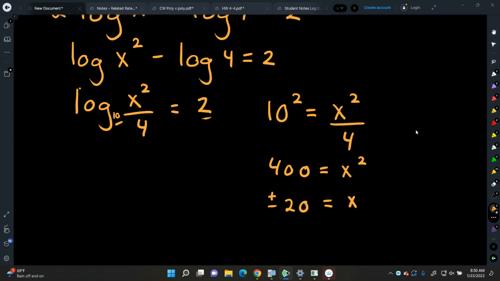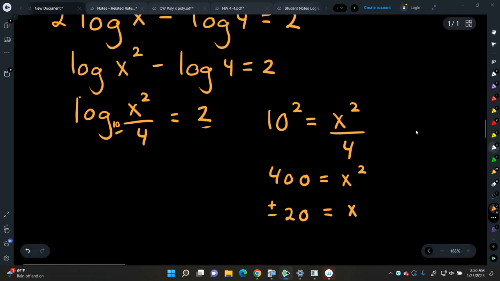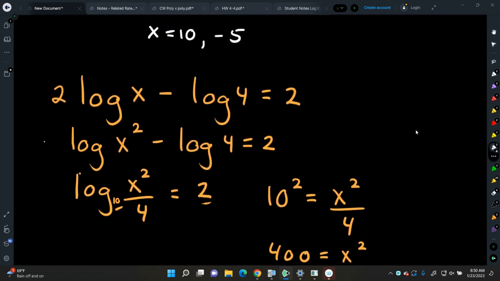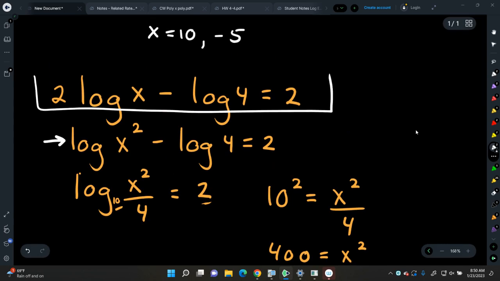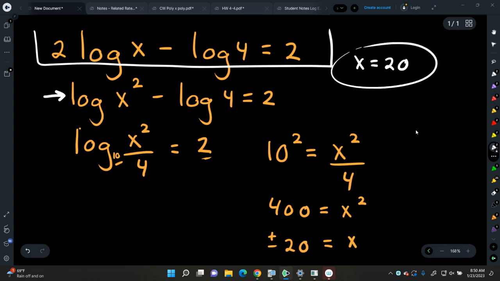Okay, so we get plus or minus 20. This is another one of those cases where if we look at the problem in this form, it seems like either would work, but since the original problem was in this form, we're going to say that the answer is only the positive 20. And if we graph it, we'd find that we had the same situation as the other one.